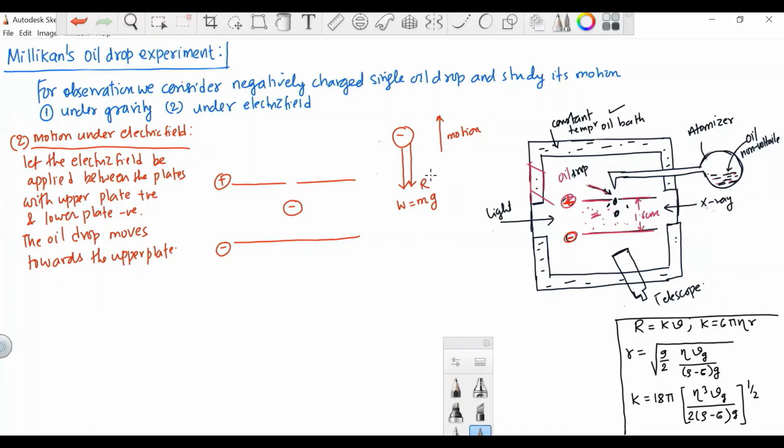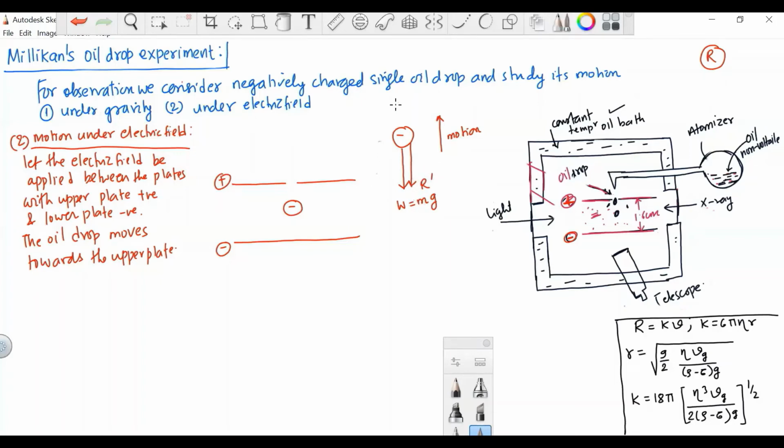So this is the resisting force when the oil drop is moving under the influence of electric field. Previously we denoted the resisting force by the symbol R when the oil drop was moving under gravity alone. Now, since the motion is upward, the resisting force acts opposite to the motion. So let us denote the resisting force by the symbol R dash. So R dash is acting in downward direction.